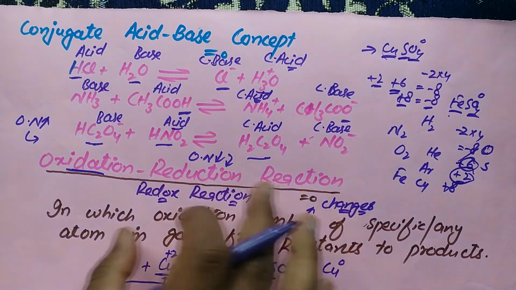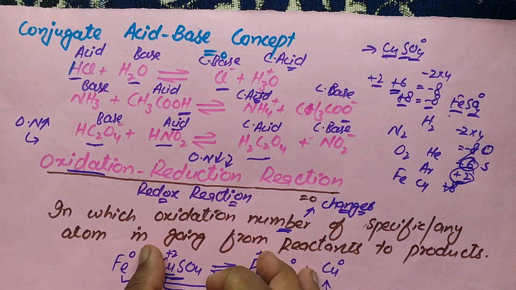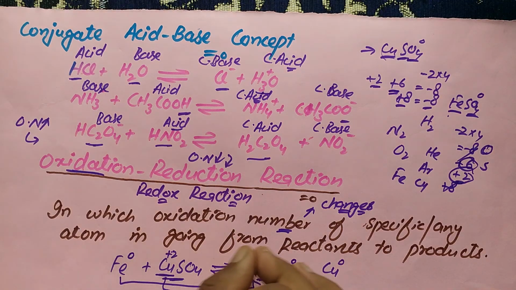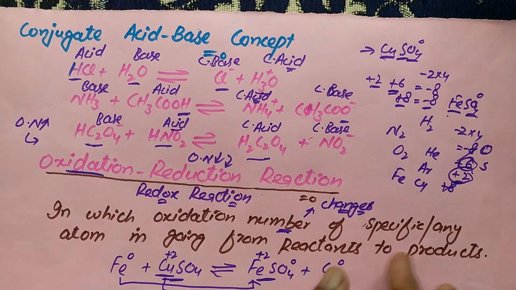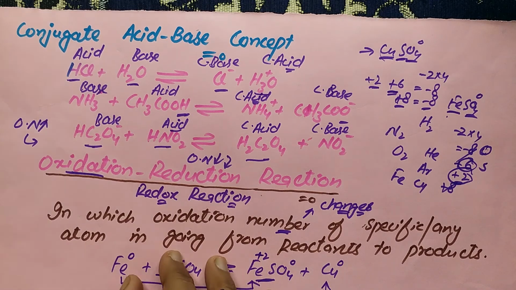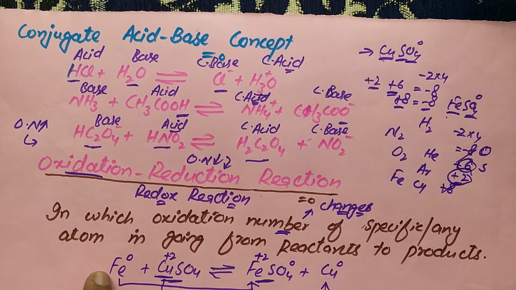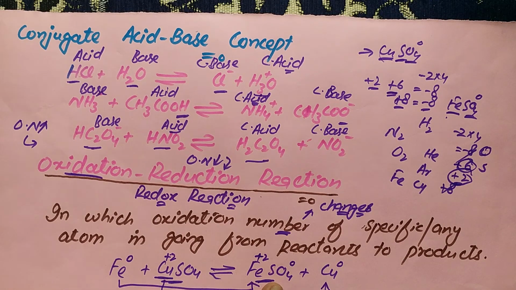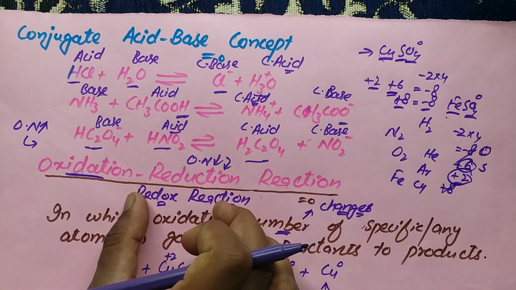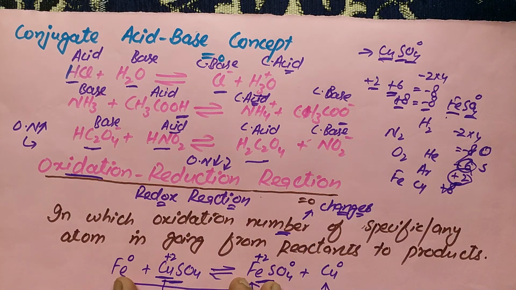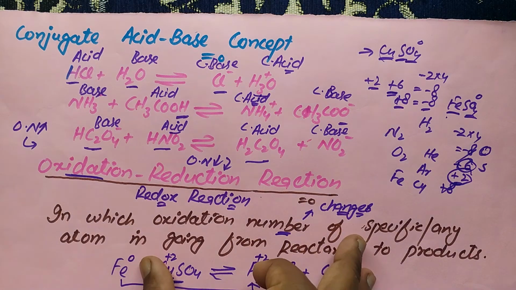So this is the example of an oxidation reduction reaction or redox reaction, in which the oxidation number of any atom changes going from reactant to product. The reaction in which the oxidation number of any atom is not changing will not be an oxidation reduction reaction or redox reaction.